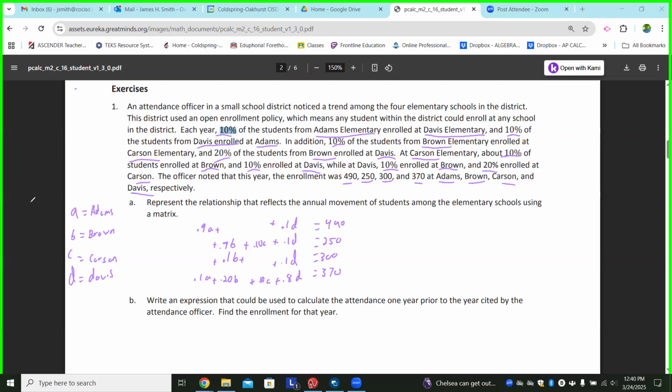Okay, so that would mean that this goes down to 60 now. And that 20%. The 20%. So while at Davis, 10% enrolled at Brown. And 20% went to Carson.